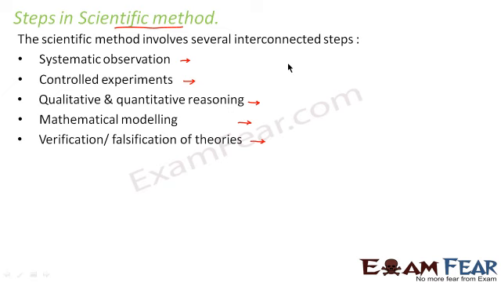In order to understand these steps, let us take the example of a story. We all know that the famous scientist Newton discovered the famous universal law of gravitation. But do you know how Newton reached the theory of gravity? We will see now. Once it happened that Newton was sitting in his garden having a cup of tea when he observed an apple falling down the tree.